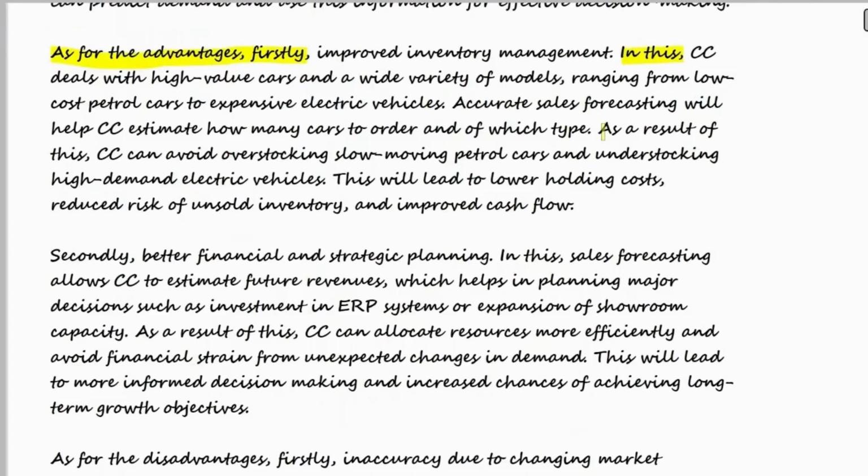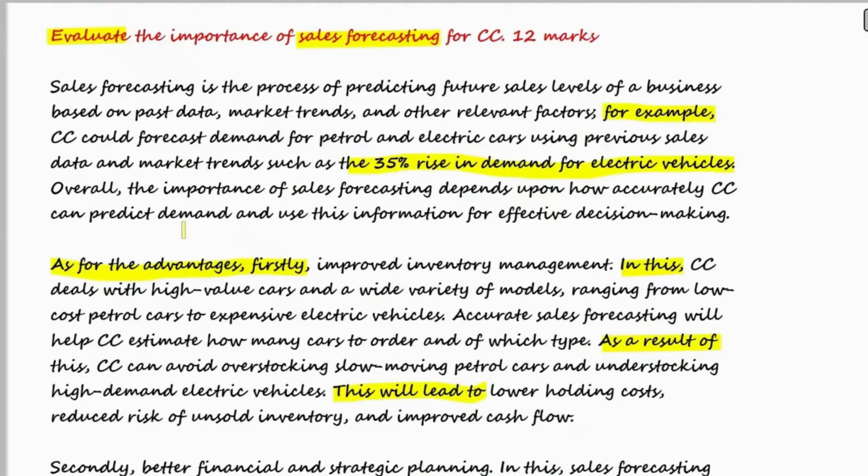As a result of this analysis, CC can avoid overstocking slow-moving petrol cars and understocking high-demand electric vehicles. This will lead to lower holding costs, reduced risk of unsold inventory, and improved cash flow. So the first advantage of sales forecasting is coming in.